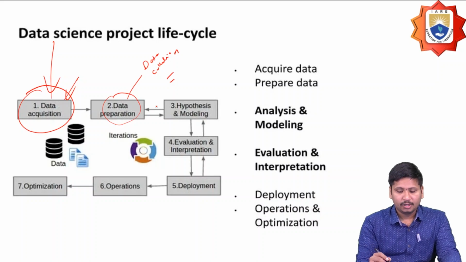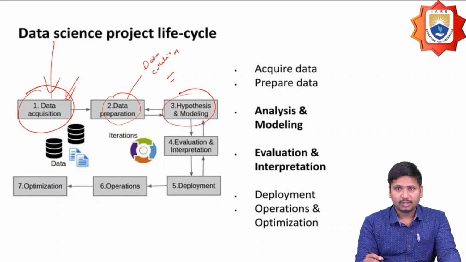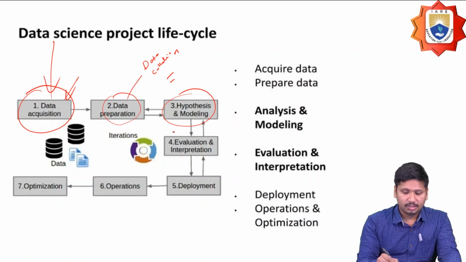So once the data preparation is done, you can move on to hypothesis testing, or the modeling phase. We can give some structure to the data I gathered, then that is sent for evaluation and interpretation.